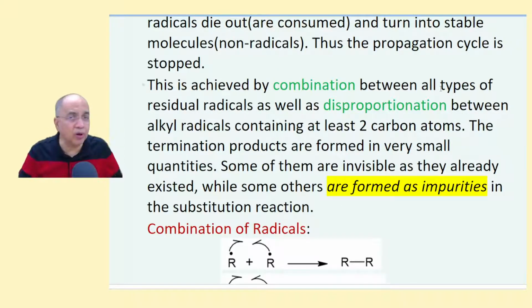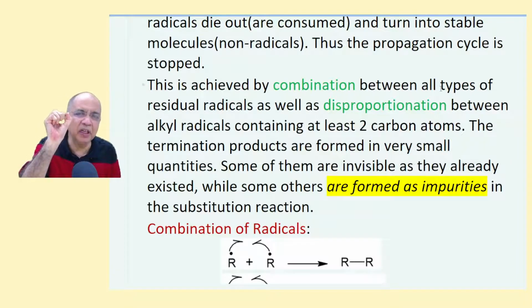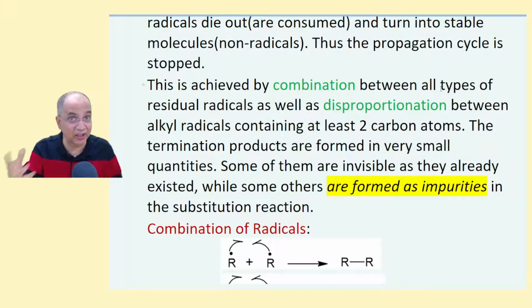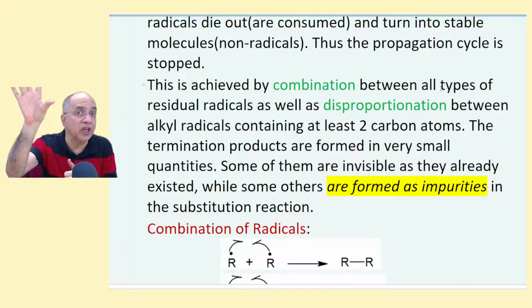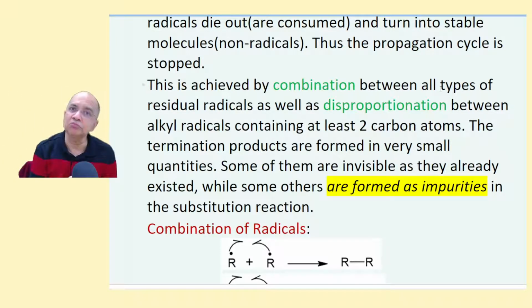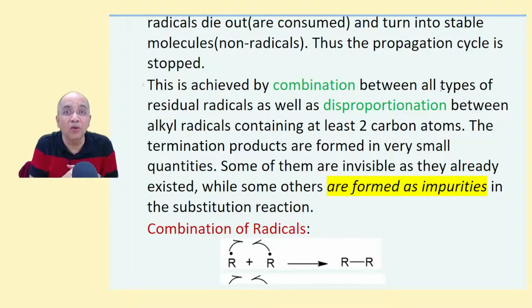There might be some very, very trace quantities of all types of radicals which are yet to be exhausted. So they will quickly combine at some stage to stop the propagation. Propagation will not be allowed indefinitely. It has to come to an end. So that is done by the process of termination.